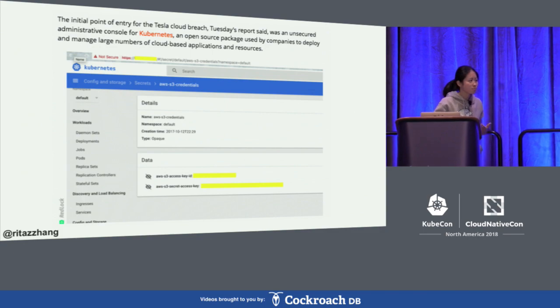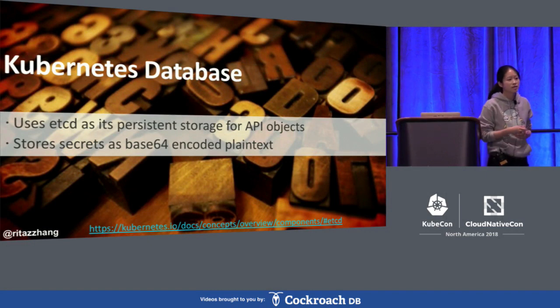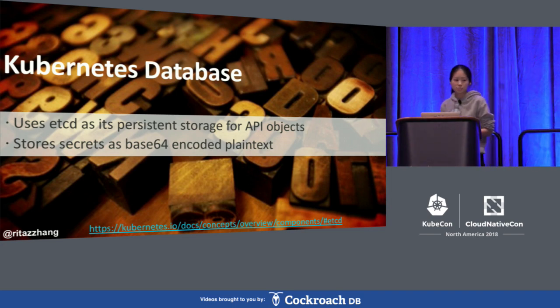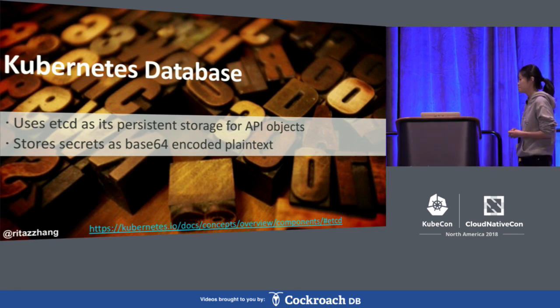So before we talk about specific solutions, let's talk about the basics. As we saw in yesterday's keynote, etcd is used as the persistent storage for Kubernetes API objects, and specifically Kubernetes secrets. So let's talk about Kubernetes secrets.